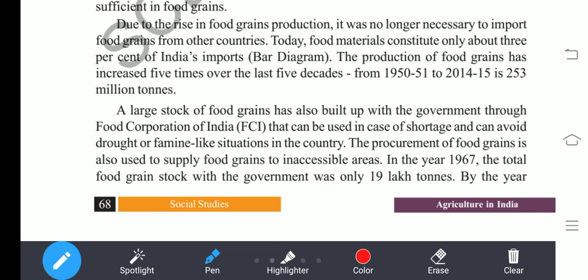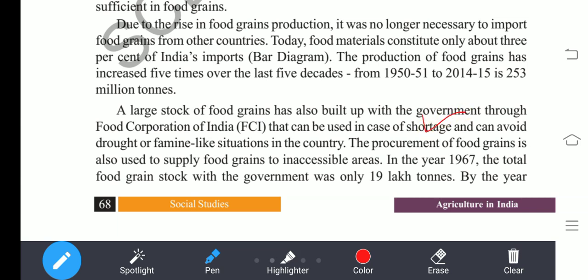Today, the government, through FCI, is storing a large quantity of food grains. What is meant by FCI? It is the Food Corporation of India, where food grains are stored. Large stocks of food grains are available with the FCI. FCI maintains godowns in which food grains are stored, and these are used when there is a shortage.